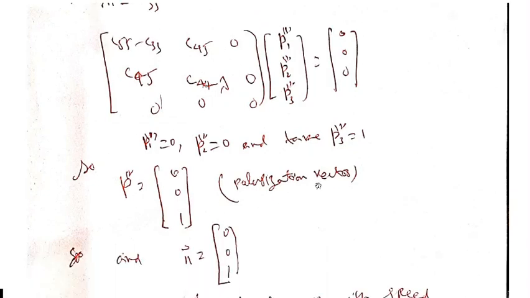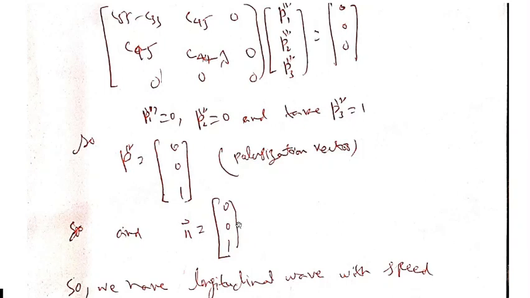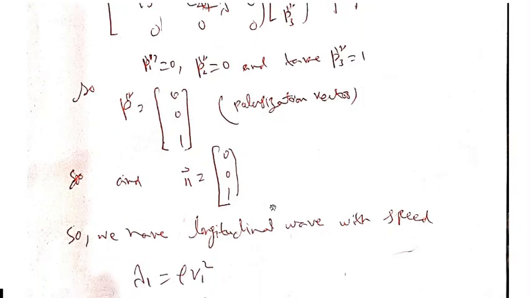This is the polarization vector, the first eigenvector P1. We have the propagation vector and the polarization vector, and you can see that these are parallel. So we have a longitudinal wave. So what we have concluded with the help of the first polarization vector of this gamma tensor, this propagation tensor, is that we have a longitudinal wave with this speed.